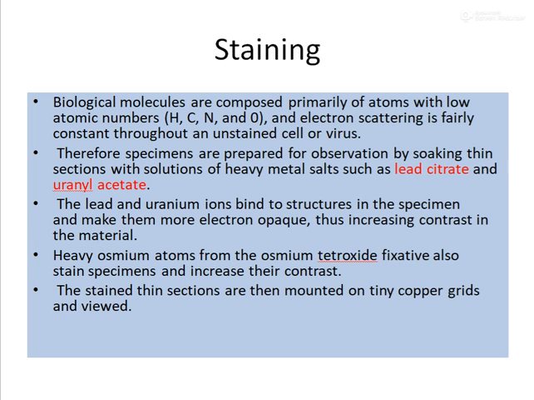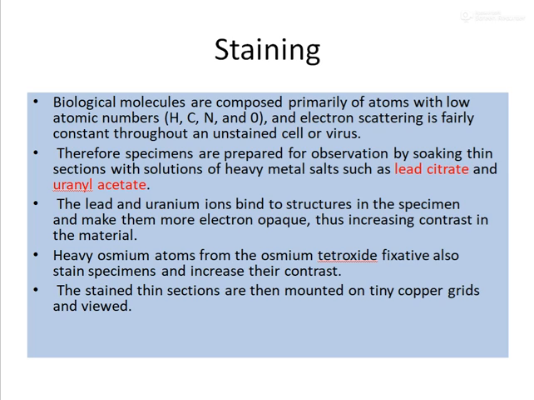To do this, the specimens are soaked in a solution of heavy metals such as lead citrate and uranyl acetate. These ions will bind to the structures in the specimen and make them more electron opaque, so they will get better contrast in the material.